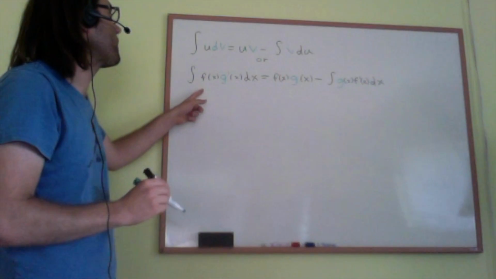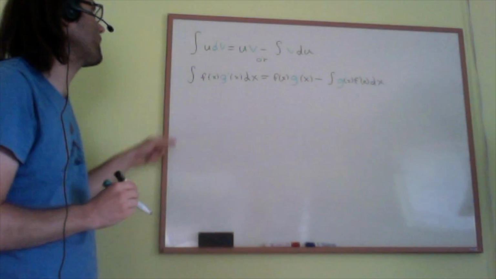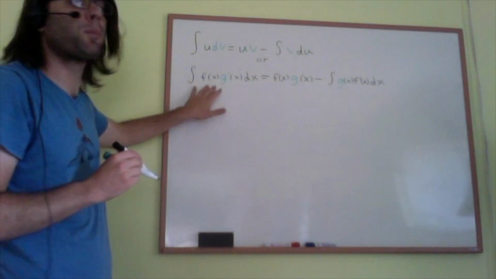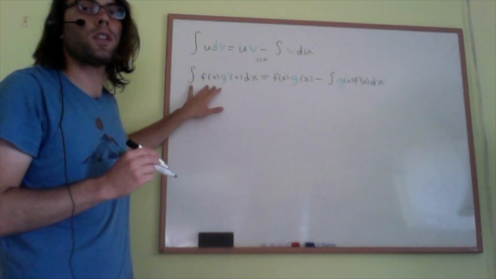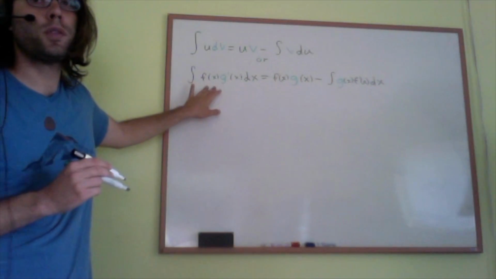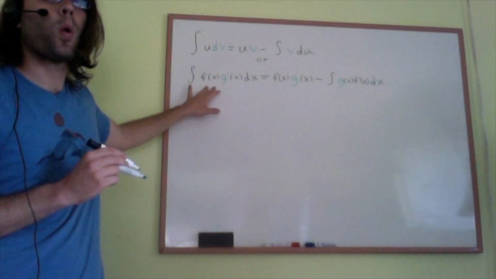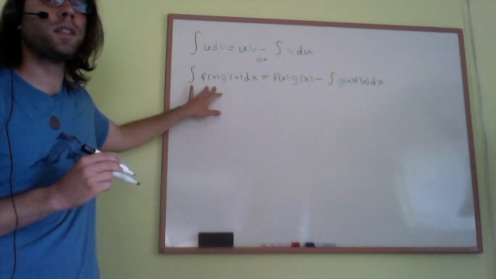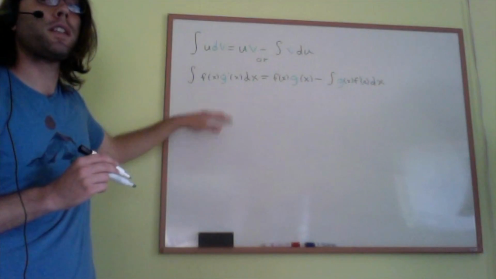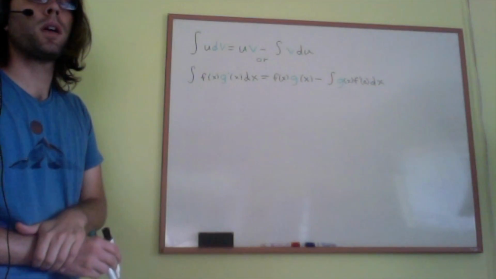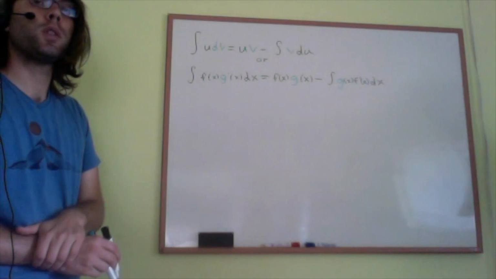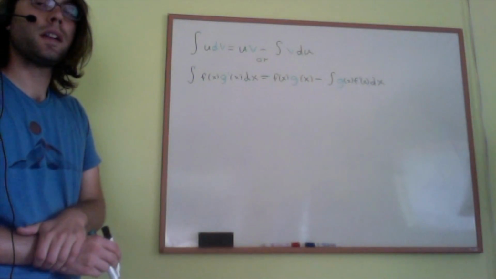so this is the formula, and the idea behind this is that you separate your integrand into two factors, one of which becomes easier when you differentiate, the other at least does not become more complicated when you integrate.